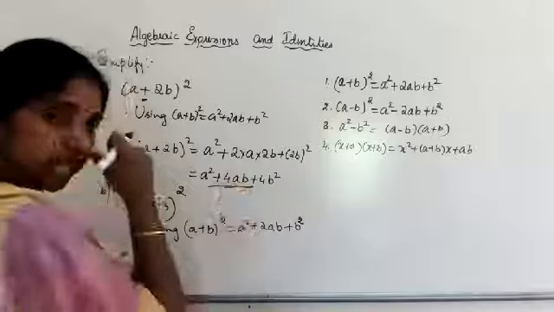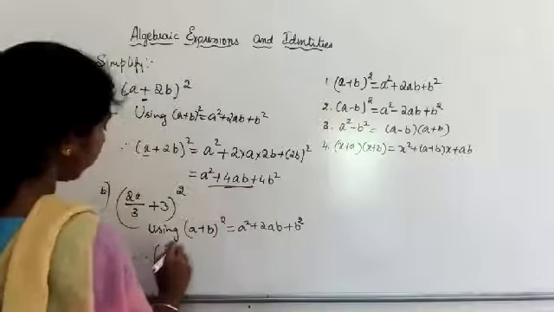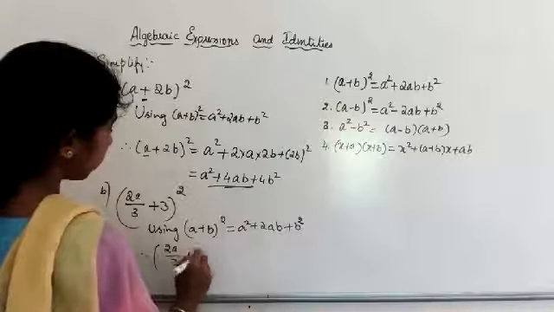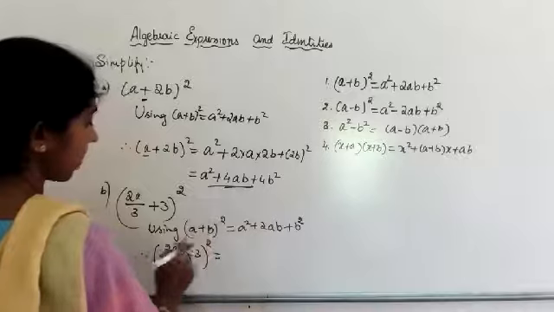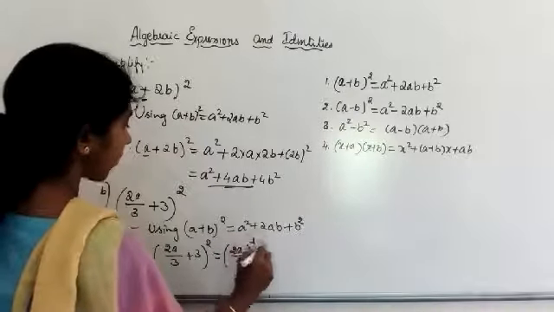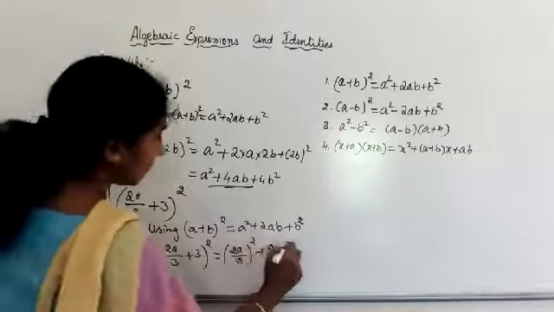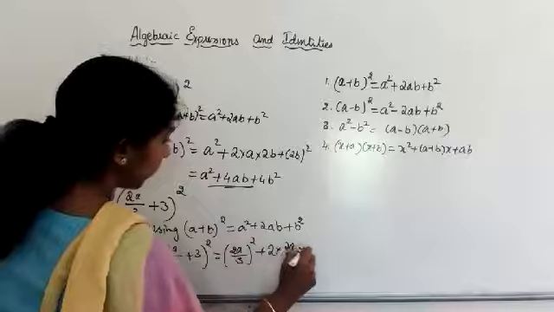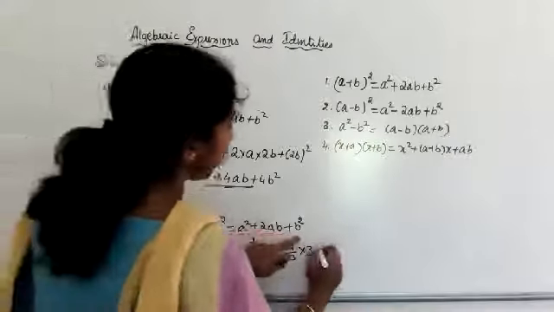Therefore, 2a by 3 plus 3 the whole square will be: a is 2a by 3, so a square is 2a by 3 the whole square, plus 2 into 2a by 3 into 3, where b is 3, plus b square.